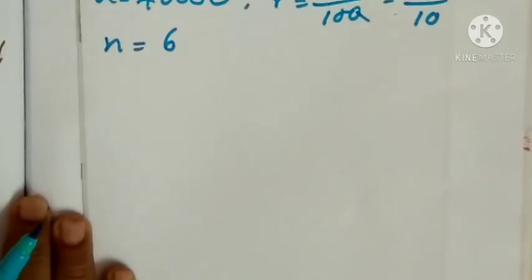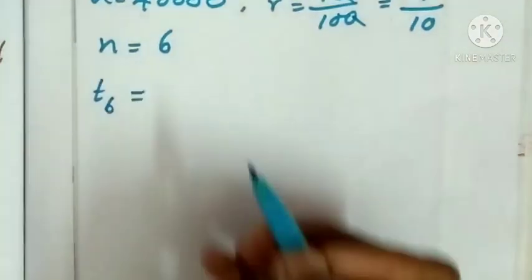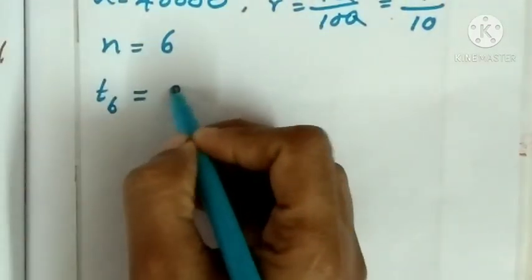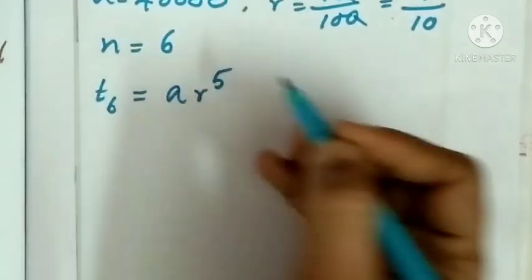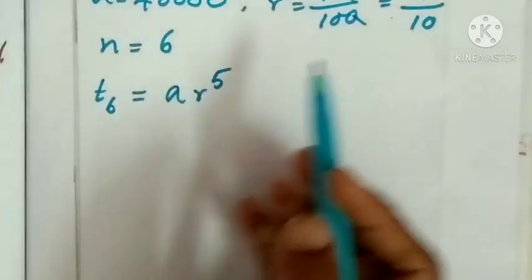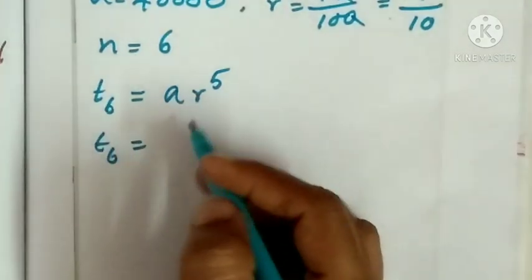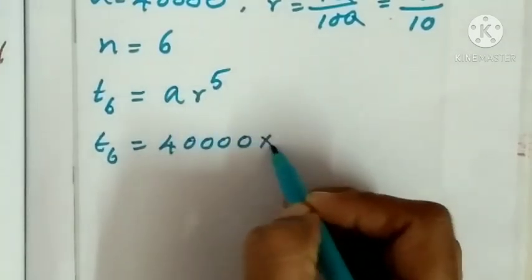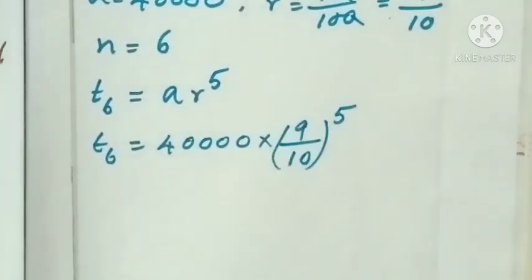The value of the machine in the 6th year, that is T6, in a GP is A into R power n minus 1, that is 6 minus 1, we have 5. Here you have to apply the A value and R value, that is T6 is equal to 40,000 into 9 by 10 the whole power 5.